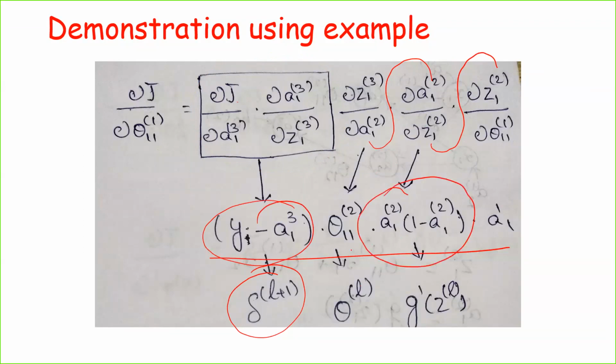A12 is already computed, A11 is already computed, y minus A13, that is the error term, is already computed. So it is just making use of whatever is already computed in the backpropagation algorithm. Therefore, it is avoiding the redundant computations, hence it is saving a lot of time, right? That's the advantage of the backpropagation algorithm instead of going for the brute force approach. I just want to make that point.